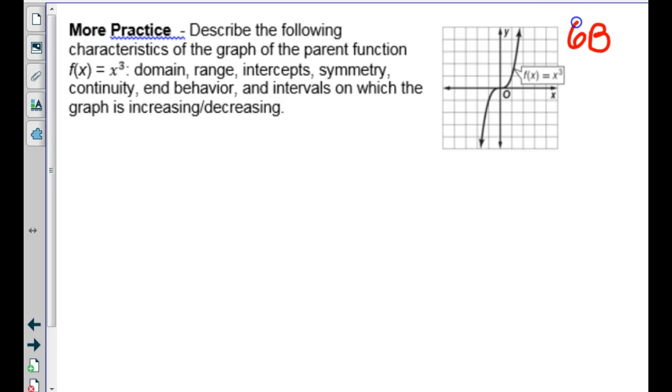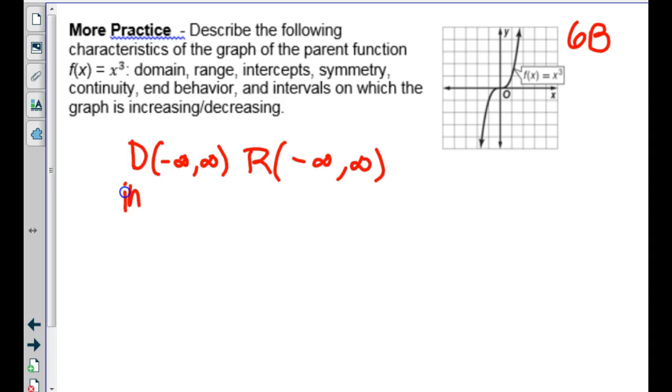All right, so what can you tell me about this parent function? Domain and range? Intercepts? The only one again is 0, 0. Symmetry?